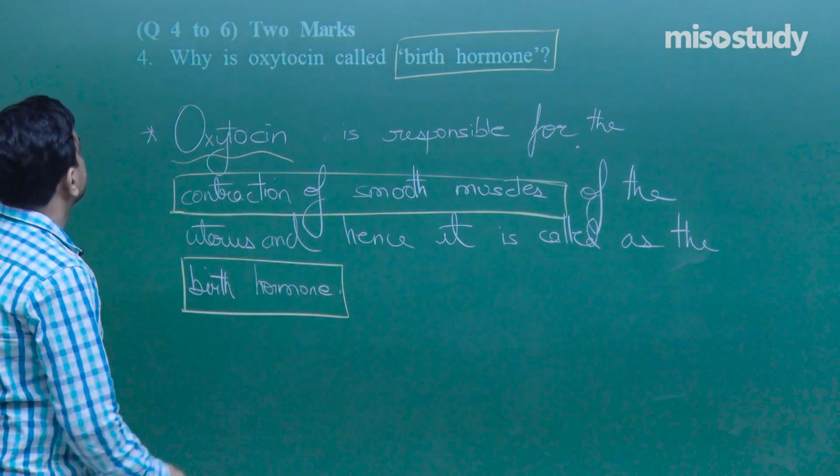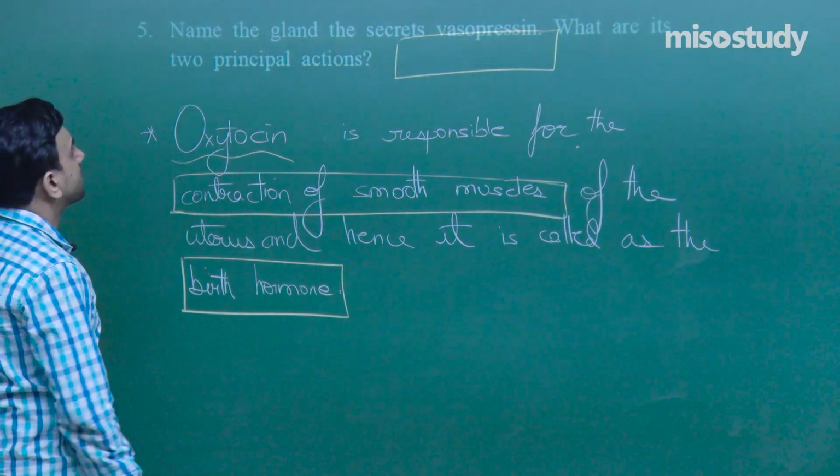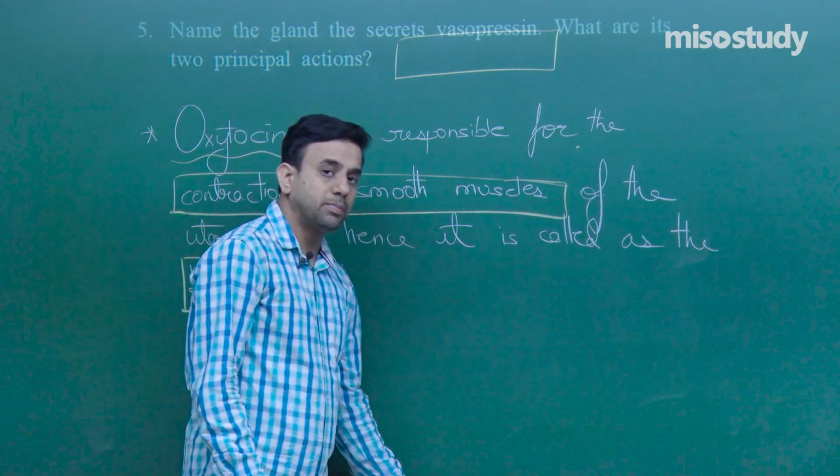We move on to the next question. Name the gland that secretes vasopressin. What are its two principal actions?